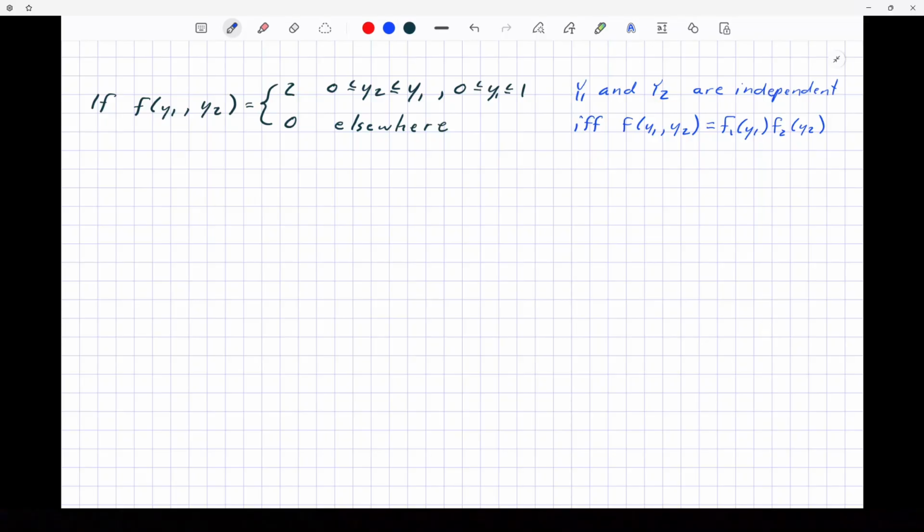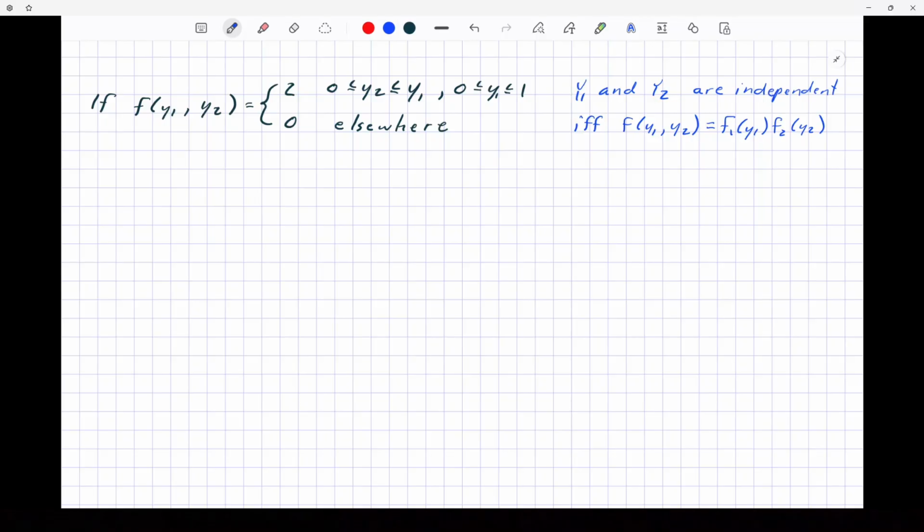First of all, we're given the joint probability function, f of y1 and y2, and that's equal to 2 in that particular region. So all that really remains for us to do is to calculate the marginal probability functions for each one of these over that area and multiply them by each other and see if they equal that.